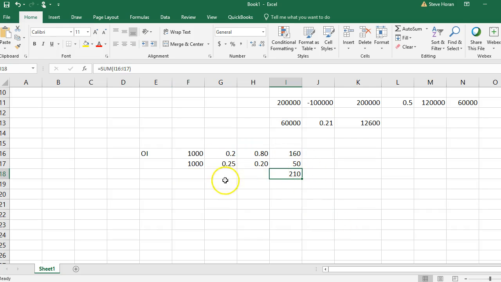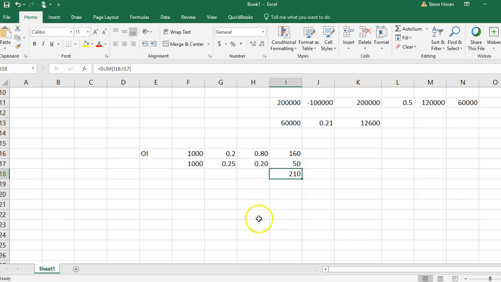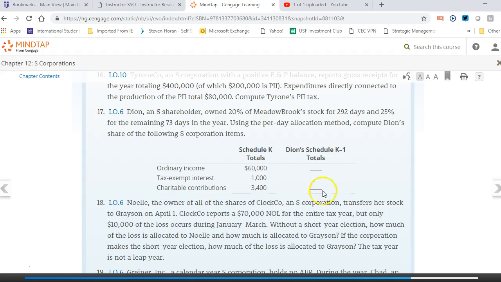So going back to here, this would be 210. And the charitable contributions work the exact same way. It's $3,400. So just put in the new numbers, and I get 714. So my answer is 12.6, 210, and 714.